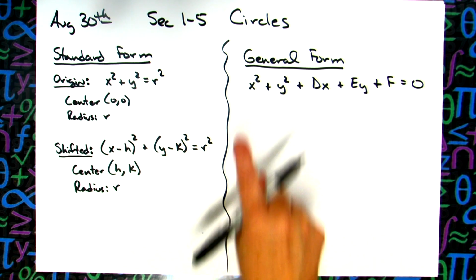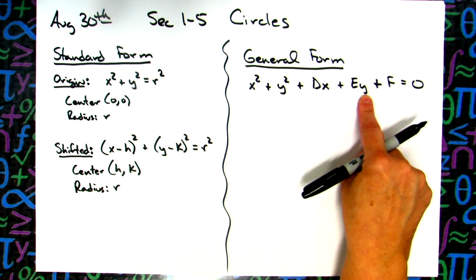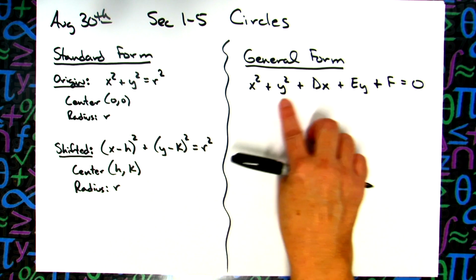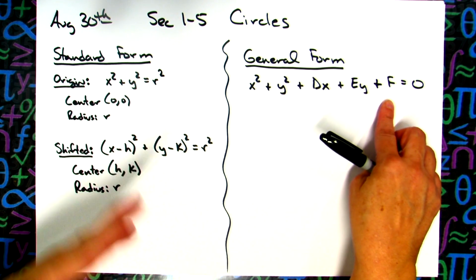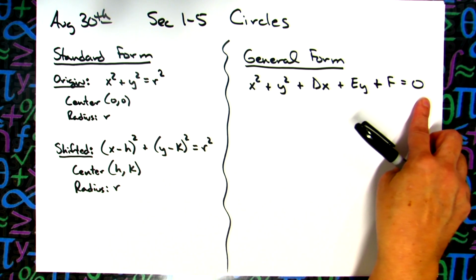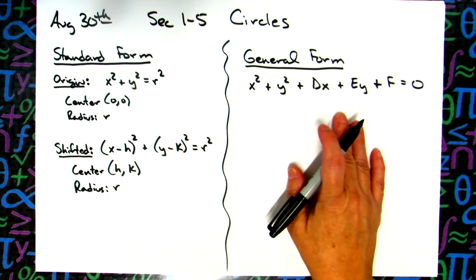So we'll definitely have an x squared term, a y squared term, a plain x term, a plain y term, and a constant. All of it is on the left-hand side, and it needs to be placed in that order. If you have to write an equation for a circle in general form, you follow this order, and then it's set equal to 0. Have we seen that one before? No. Okay, not hard though.